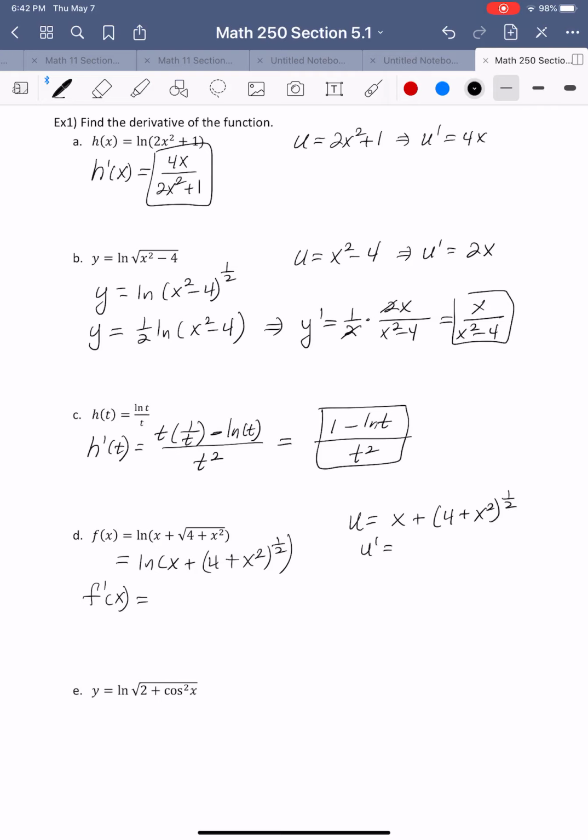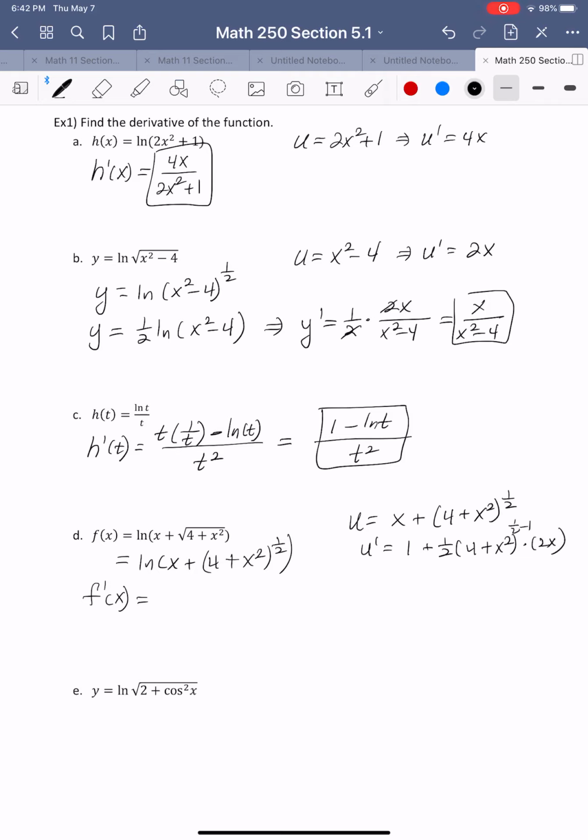So u prime is 1 plus half of 4 plus x squared, and then use the chain rule. The 1 half becomes negative 1 half, since it's 1 half minus 1, and then times by the chain rule, 2x.